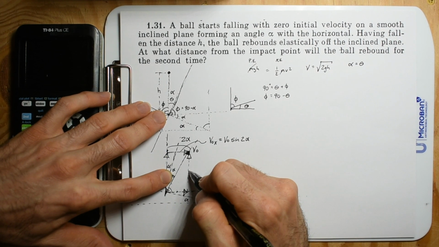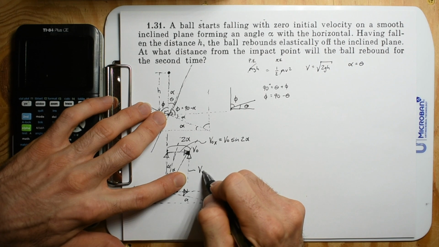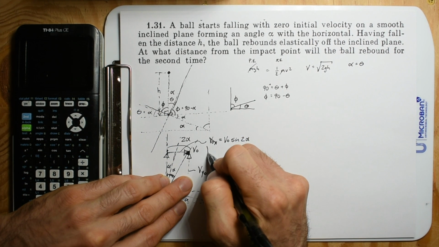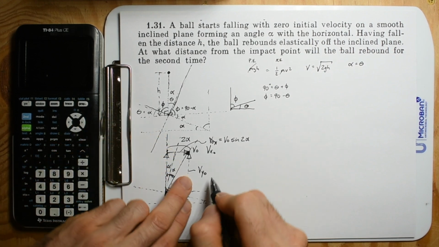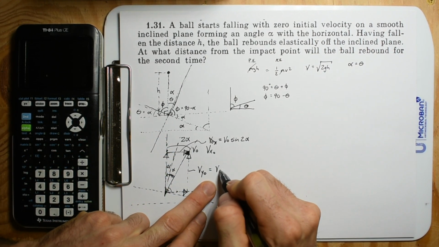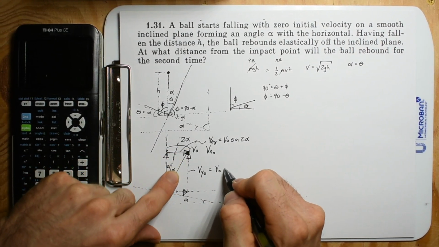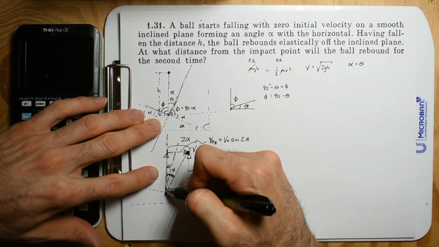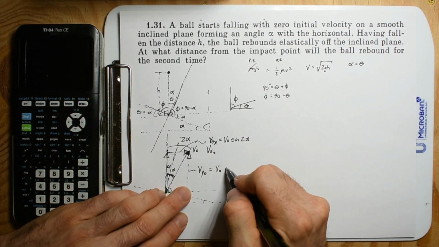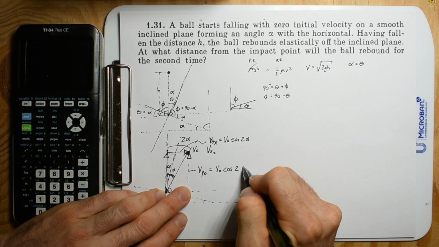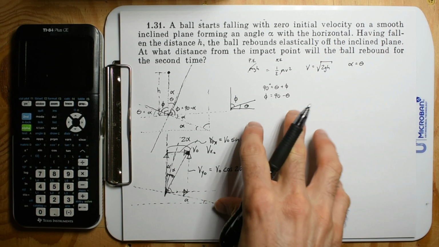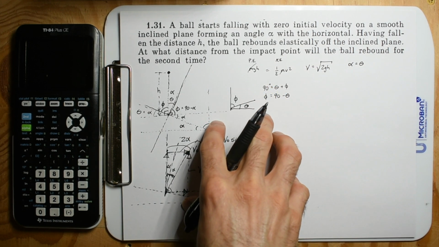And in the y, our vy naught is the initial velocity times the cosine component. So we have cosine of 2 alpha. The setup is very crucial.